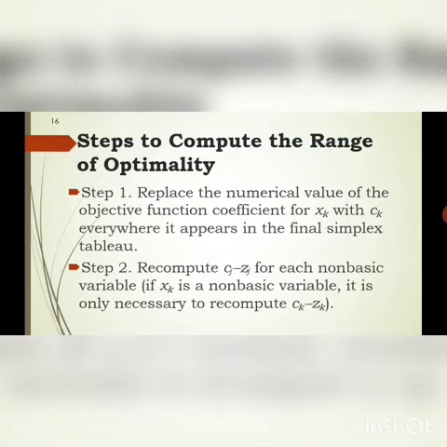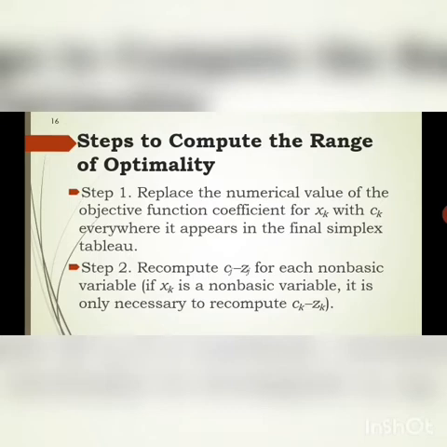So, here are the steps to compute the range of optimality. Step 1: replace the numerical value of the objective function coefficient for x sub k with c sub k everywhere it appears in the final simplex tableau. Step 2: recompute the c sub j less z sub j for each non-basic variable.